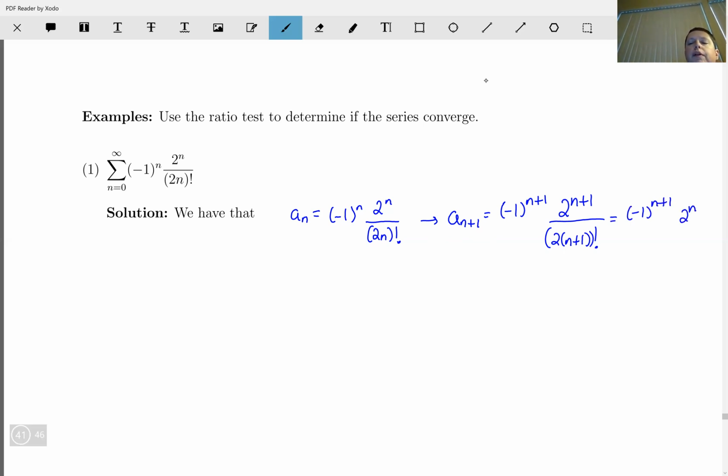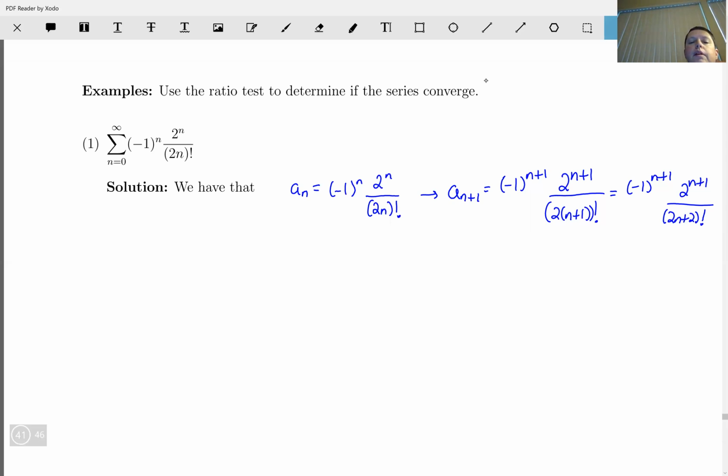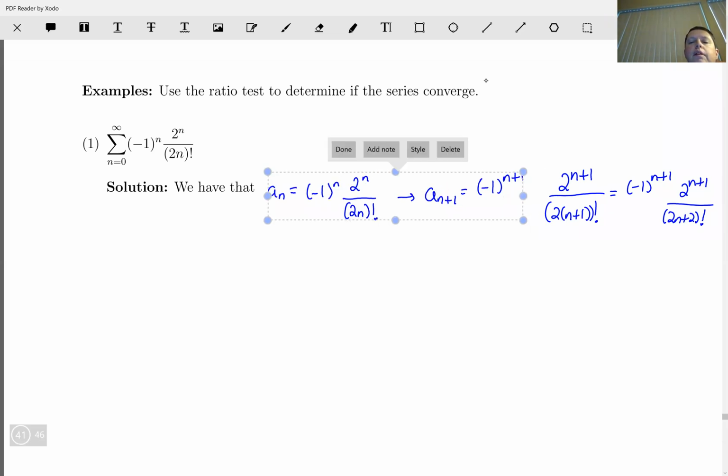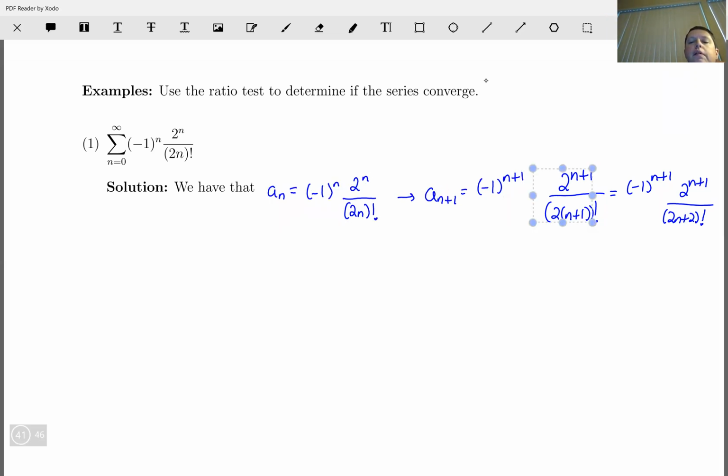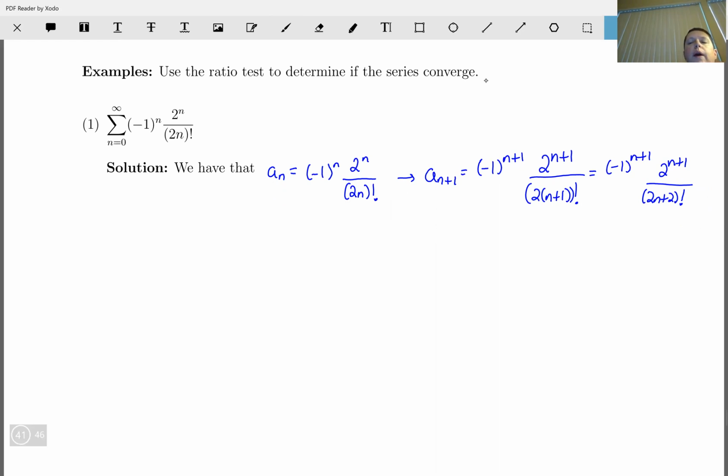Well, maybe simplify is the wrong word, but this is 2n plus 2 factorial. Let me just scoot this over because it's kind of smushed there at the bottom. All right, notice a couple things.